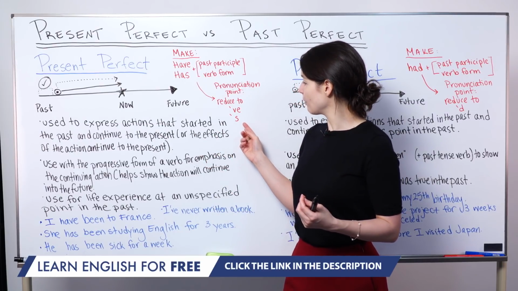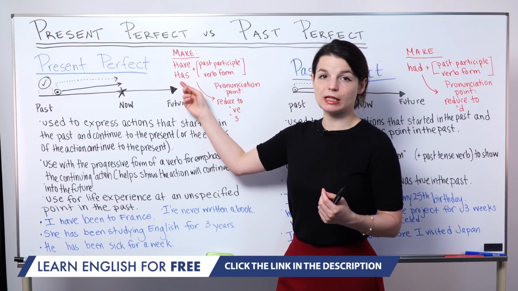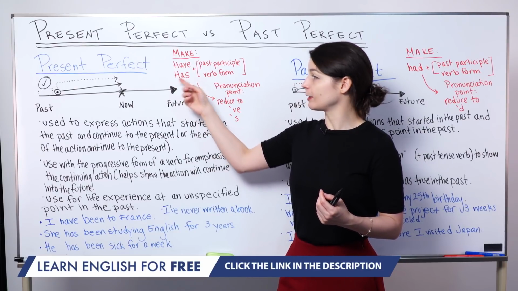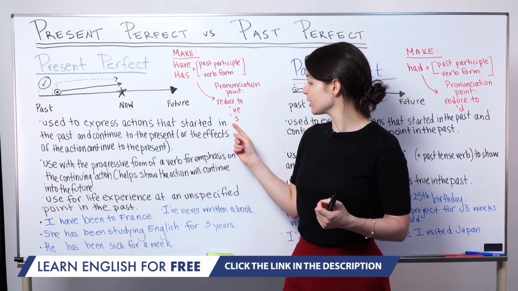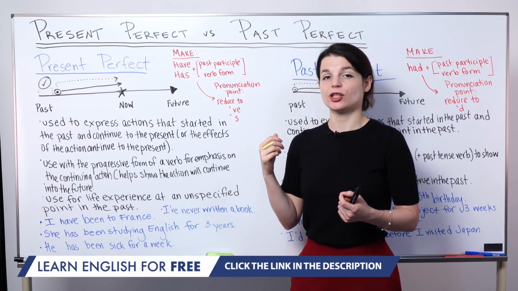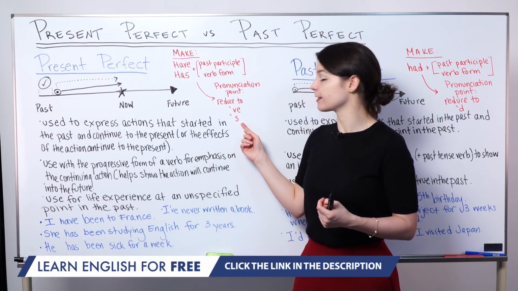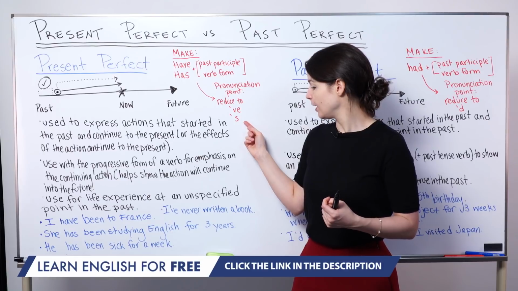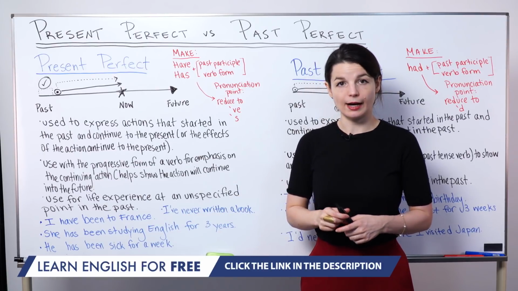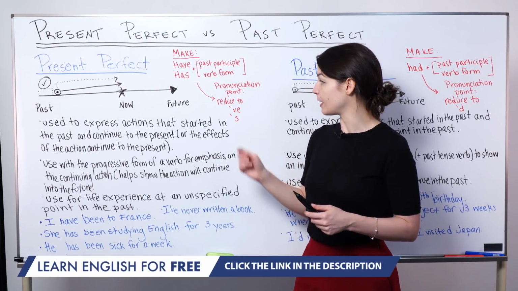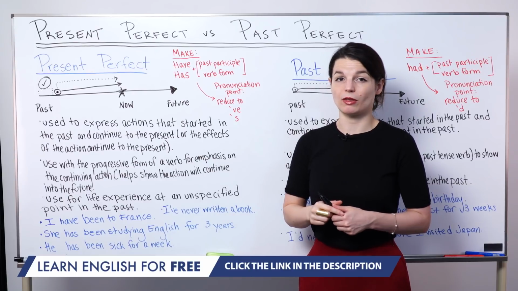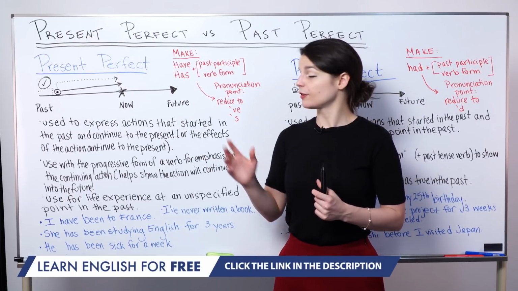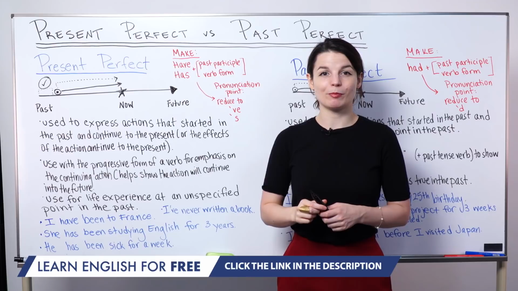When the subject, however, is he or she or it, for example, he has or she has is reduced to he's, she's. So there's this z sound that happens here. In this case, I've used I've. So please keep this point in mind. We'll see something different with the past perfect tense. So this is a refresher on present perfect tense.